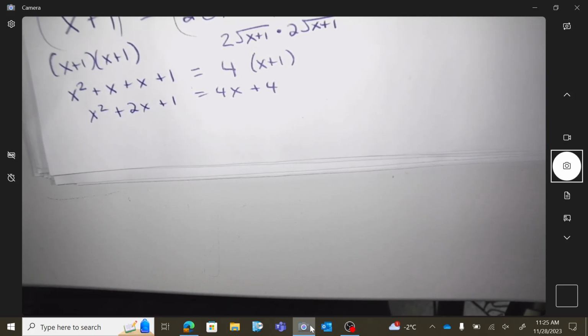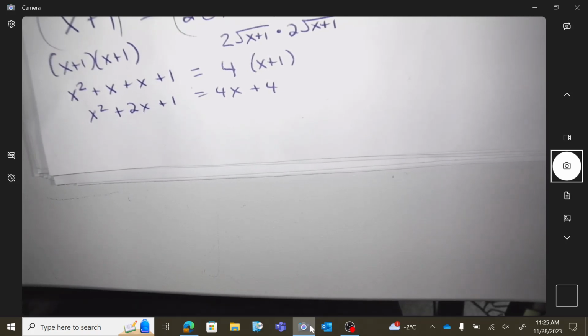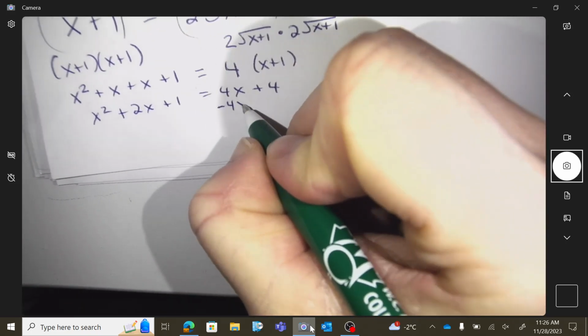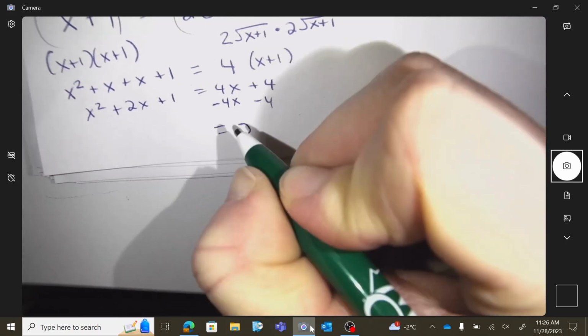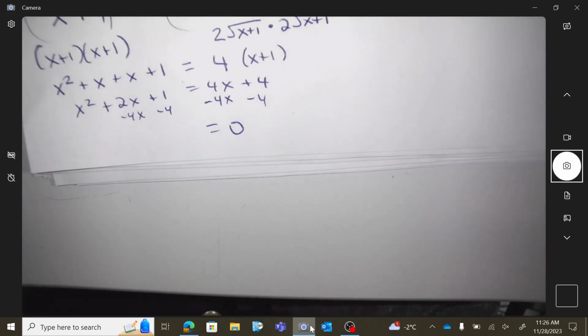Now what? What would be a good idea at this point with your algebra stuff? You know all these tools from somewhere. X squareds, x's, so we should do what? Give me a 0. I need to have a 0.